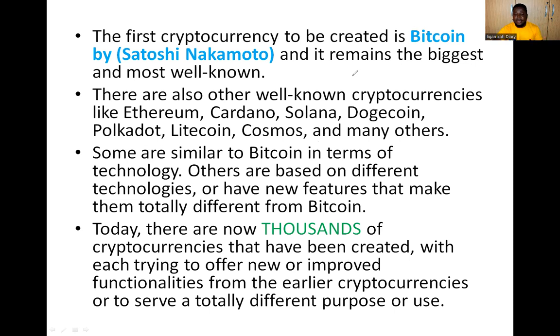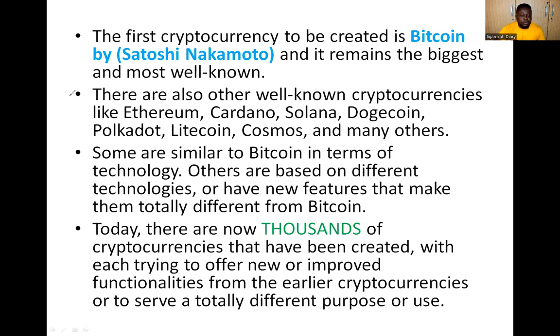As it stands, it remains the biggest and most well-known. If you are looking for a cryptocurrency that is well-known, it is Bitcoin. So the first cryptocurrency is Bitcoin, developed by Satoshi Nakamoto, and it remains the biggest cryptocurrency in the world.